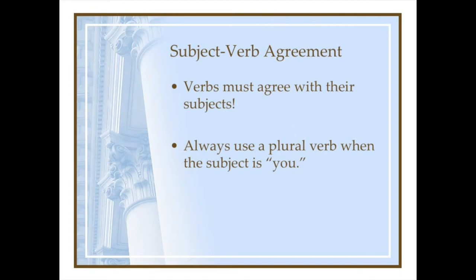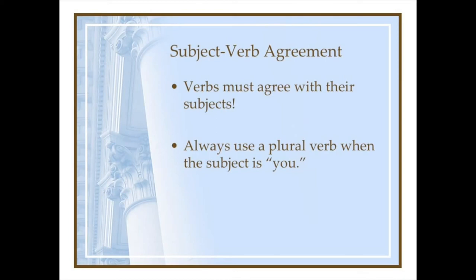If you have a singular subject, you have to have a verb that agrees with a singular subject. If the subject of the sentence is you, you always use a plural verb. Let's take a look at some examples while we practice putting in verbs that agree with the subject of the sentence.